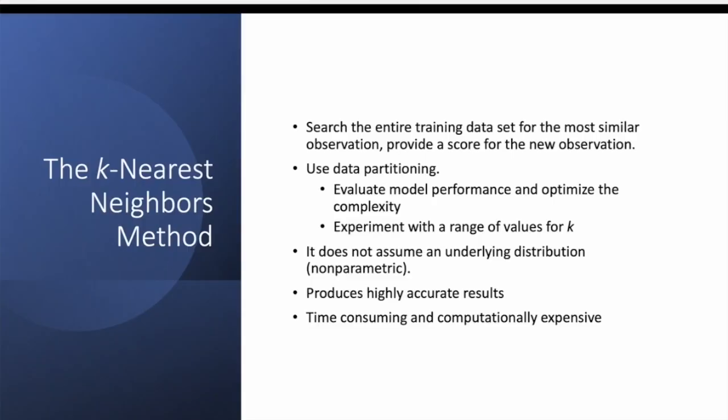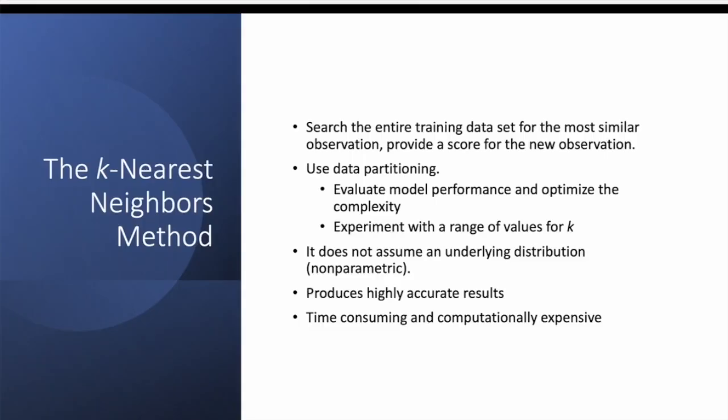We generally experiment with a range of K values, and R is going to do this for you. We experiment with a range of K values and their corresponding performance measures from the validation data set in order to determine the optimal K value.